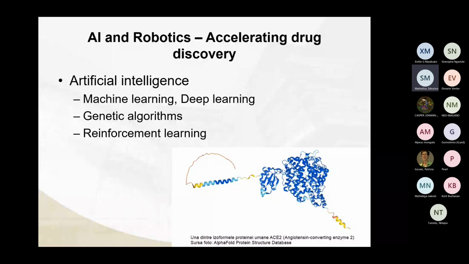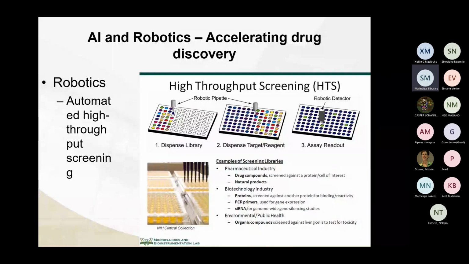Robotics has come through in terms of helping us do high throughput screening, which means you screen a number of drugs and a number of cancer cell lines in a very short space of time. This can be assisted through robotics, which automate everything. So this is just one of the ones that we are planning to implement in our labs.